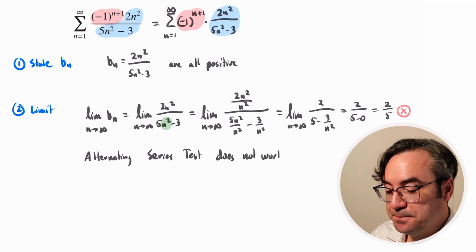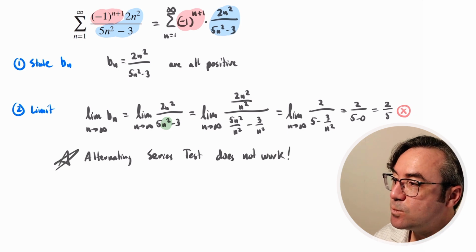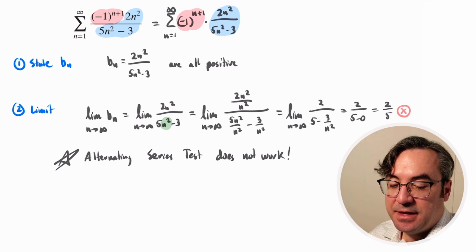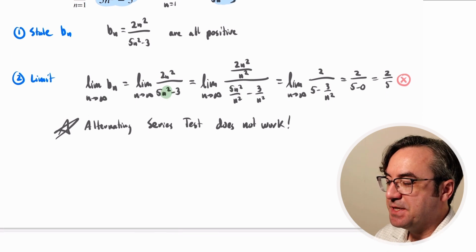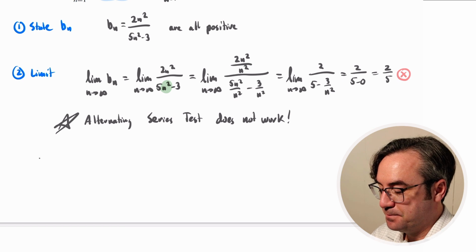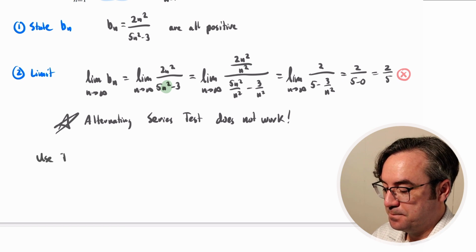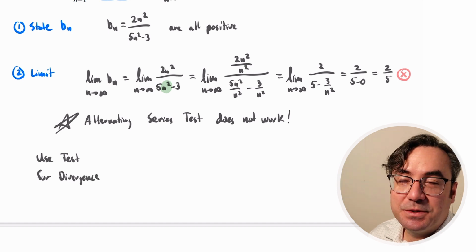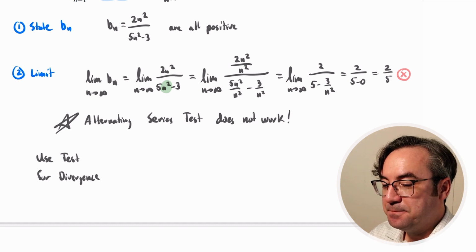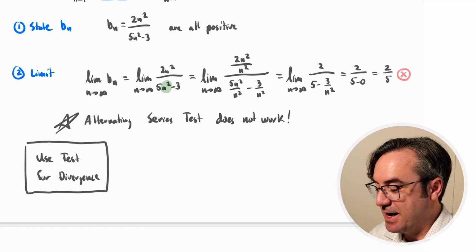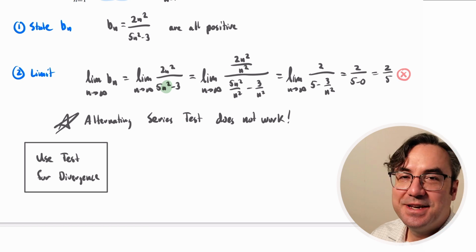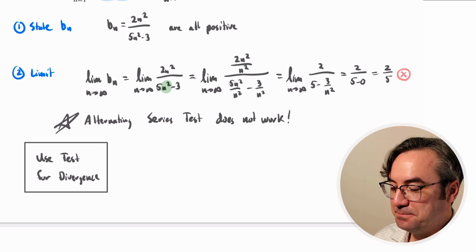All right, so what are we going to do? Well, if you see that the limit doesn't equal 0, there's an immediate backup plan, and that's to use the test for divergence. So it's kind of nice. If the limit doesn't equal 0, then we have our test for divergence hanging out in the back waiting for us, and we get to use it right away here.